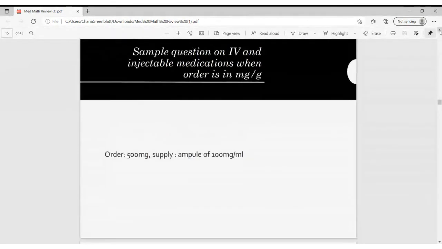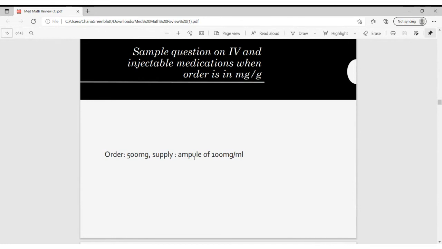Alrighty, so here we go. So we have a sample question on an IV injectable medication. So basically, you have here an order. So I have a patient, let's pretend this is an antibiotic. I have a patient who is written for 500 milligrams of pretend ampicillin, and I have my ampicillin ampule because I'm drawing it up myself and it didn't get sent to me from pharmacy in the amount that I need.